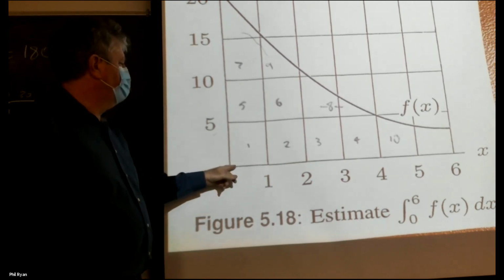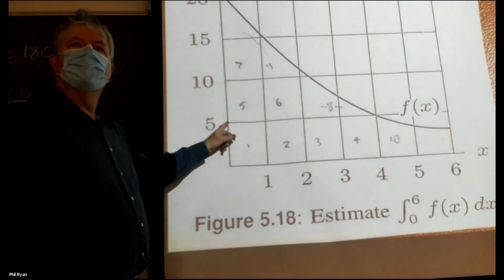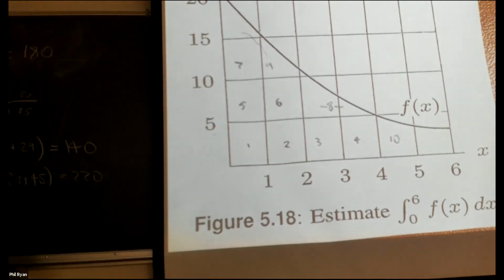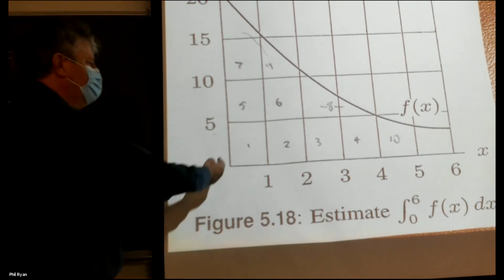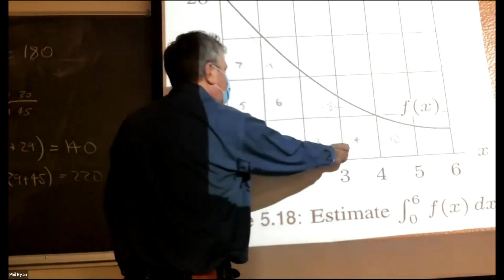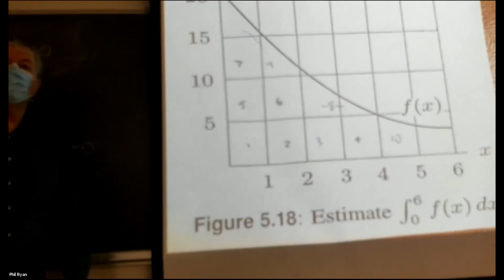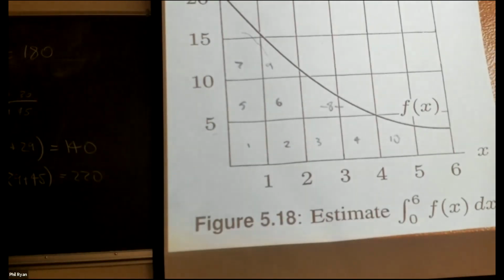So each rectangle is a 1 by 5 rectangle. So we just try and count them up, and that's going to be our estimate for the integral. So I actually started doing this. 1, 2, 3, 4, 5, 6, 7. So there's 7 whole rectangles there.